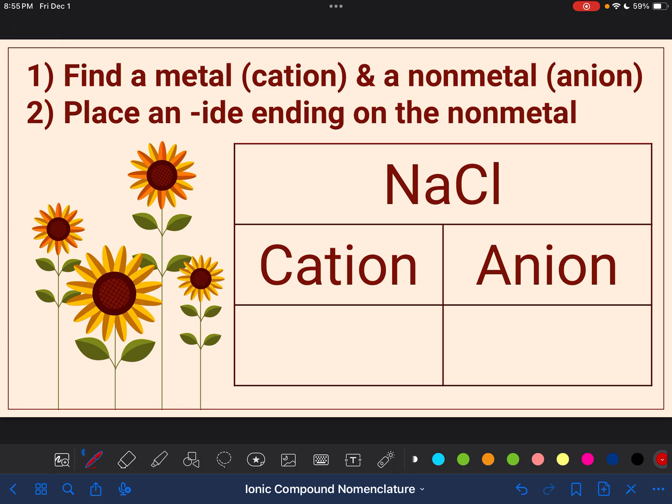Remember, our first step is to find the metal. Right now, our cation is Na, which is sodium. Our anion, on the other hand, is Cl, which is chlorine.